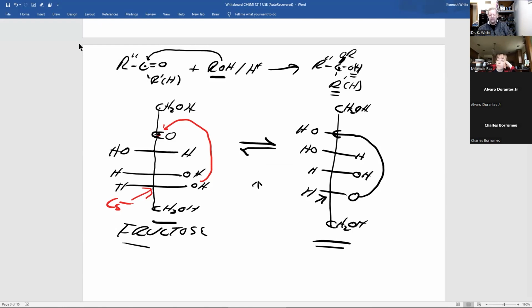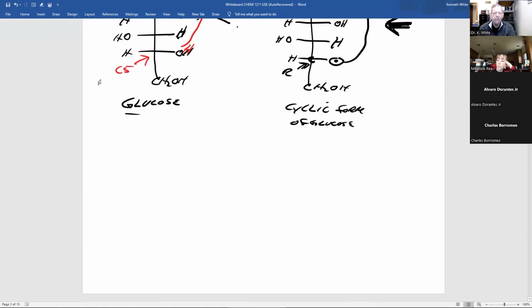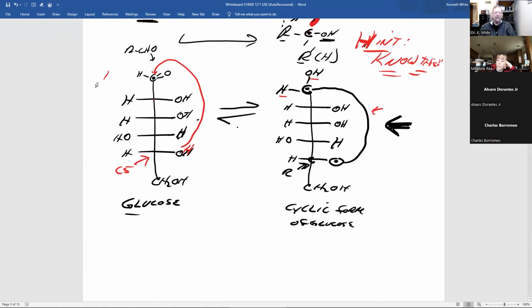If I give you the cyclic form, you should know how to either draw the structure or write down fructose. Now, how can you tell the difference between the two? The carbon with the two oxygens in glucose cyclic form is carbon number 1.